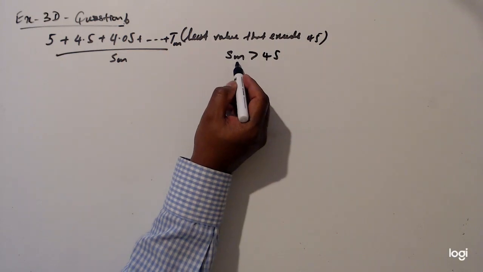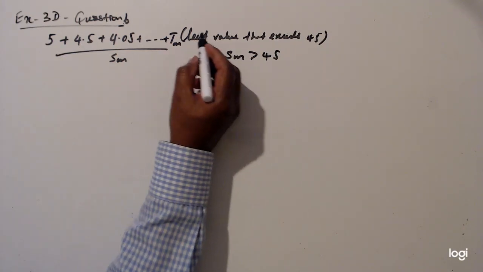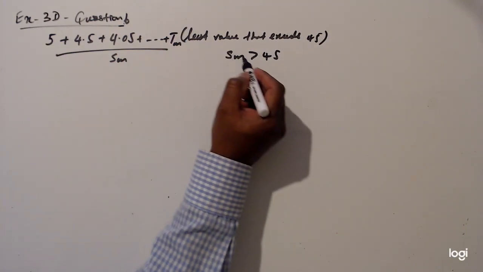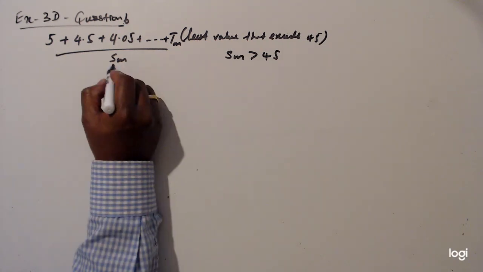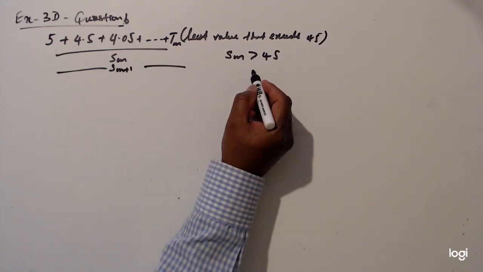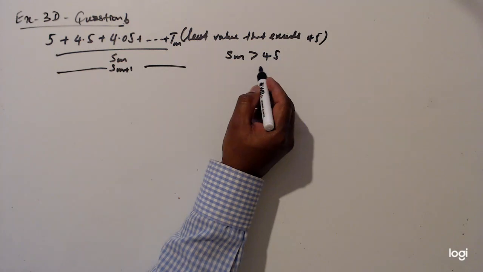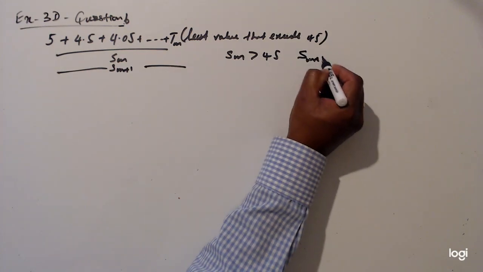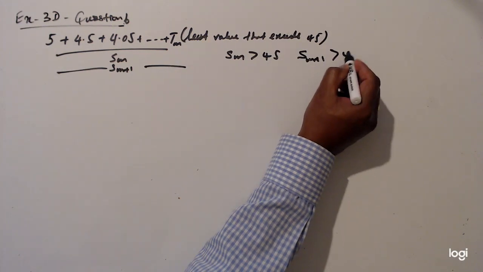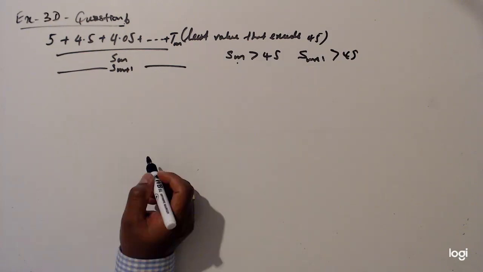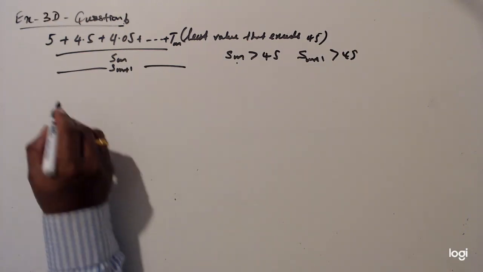So we want to find any value after Tm plus 1, yes. Sm plus 1, yes, definitely it is greater than 45 also, but we need the least value.